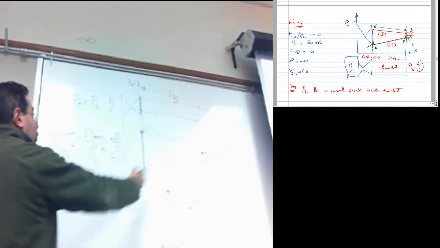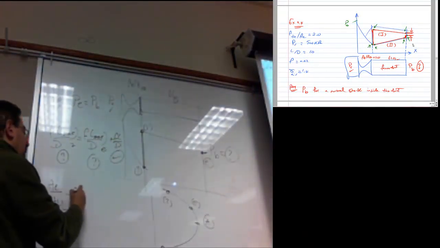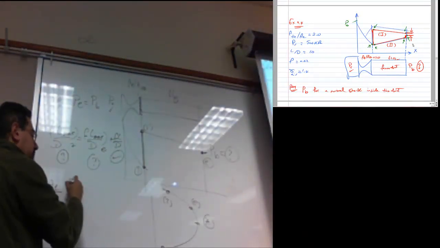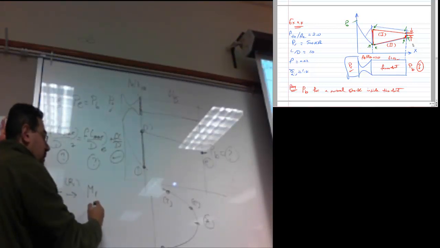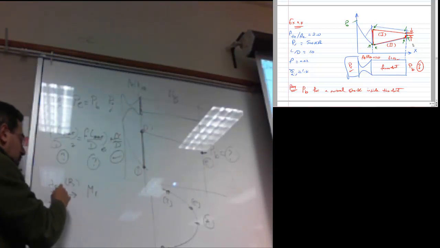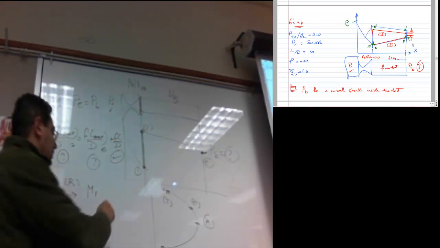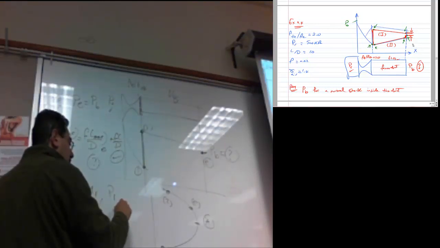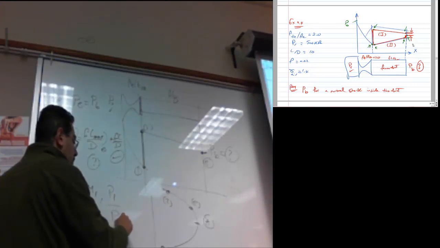Excellent. So from the nozzle side, area exit over area star should give us M1, and this area ratio can also give us, excellent, P1 over P01.